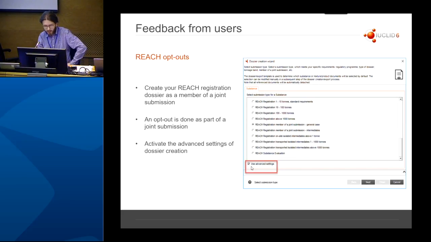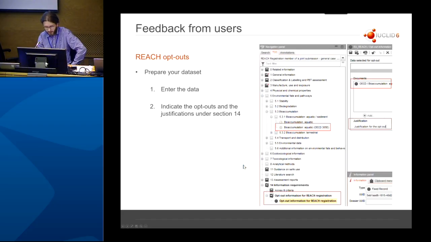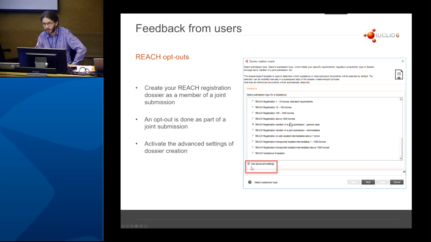So if you want to see that during the dossier creation, to just make sure that the record is included, in Euclid you do it first by selecting the type of submission you want to create, in that case a member of a joint submission. And if you have created your dossier or your dataset with this opt-out document and the information you want to opt out, the data will be included by default.